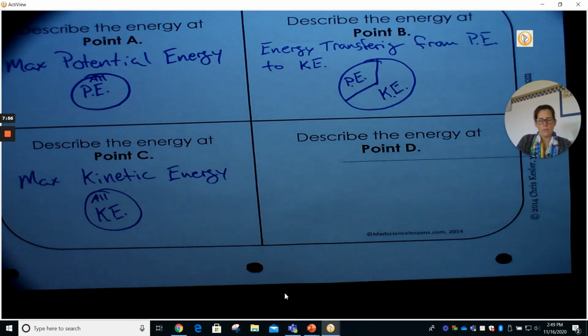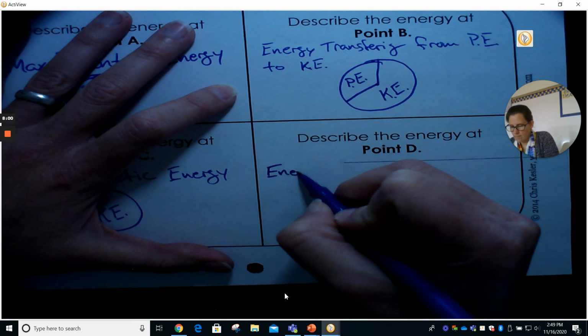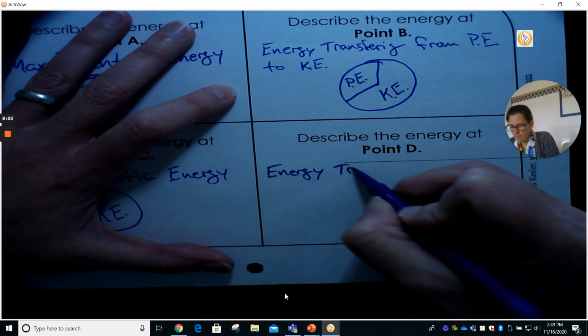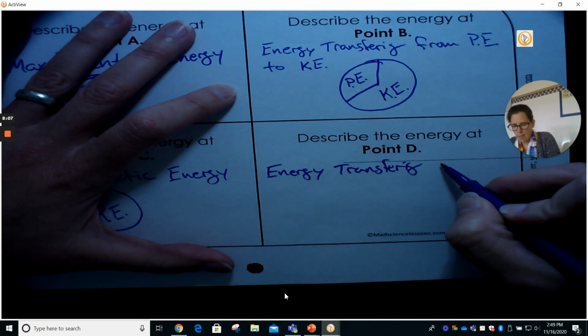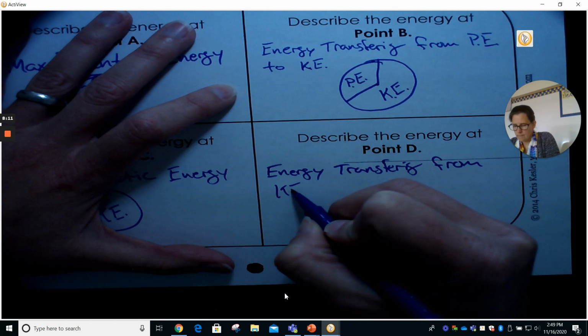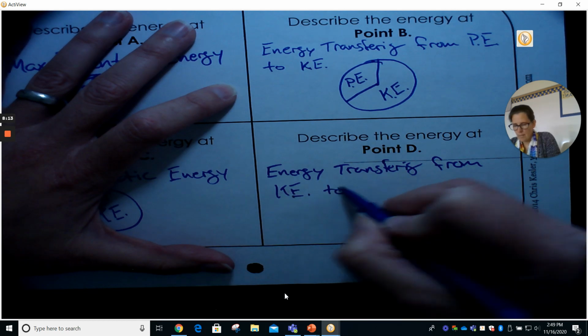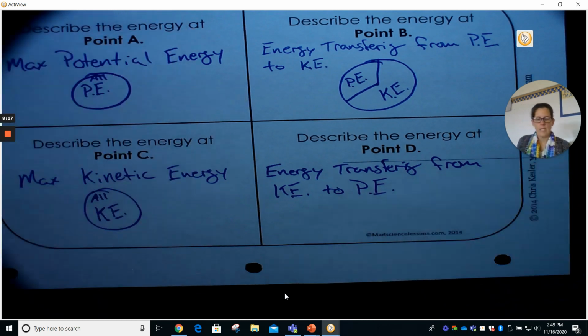Okay, so we're going to say energy transferring from kinetic to potential. So energy is transferring from kinetic to potential.